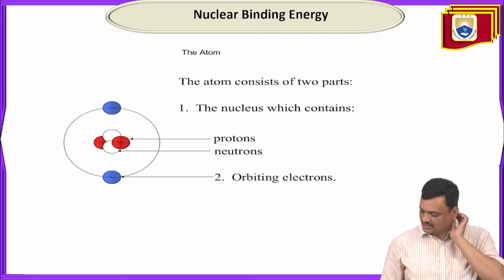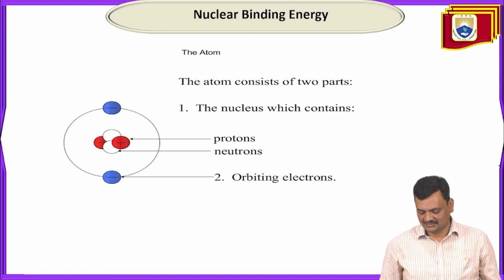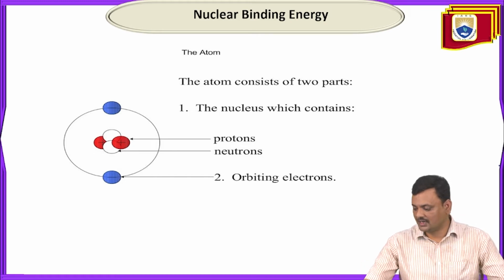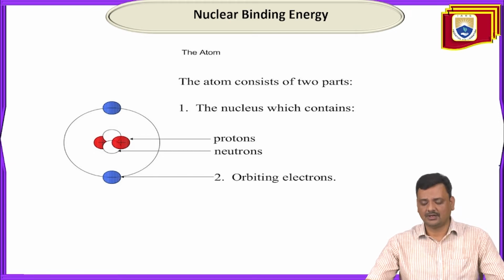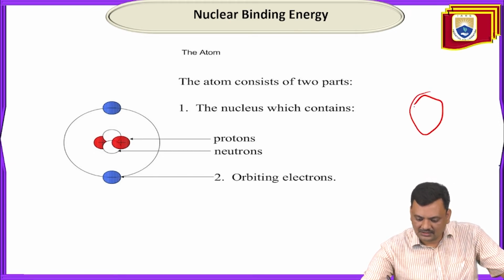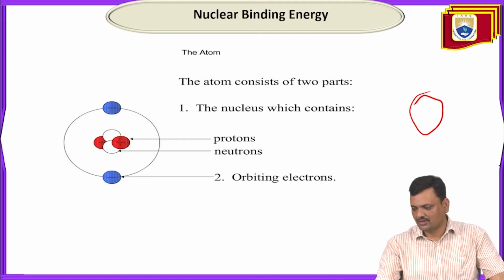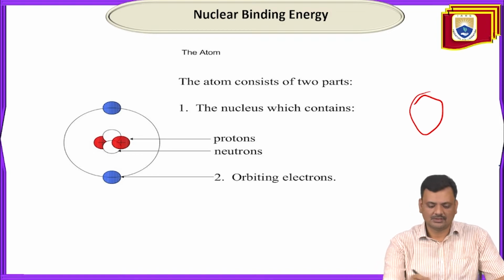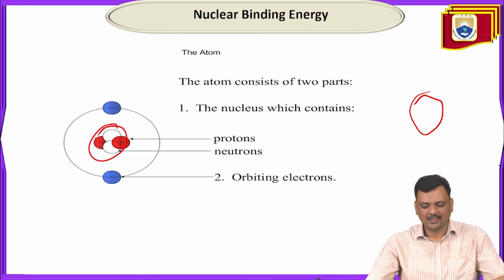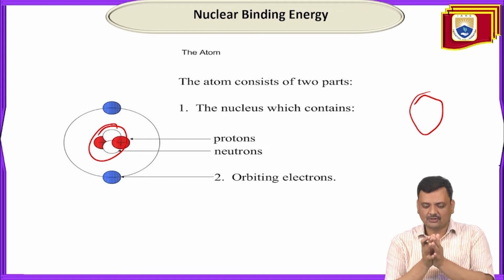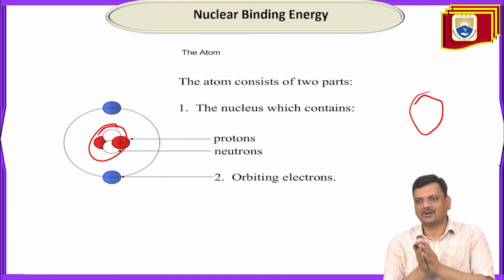Now I am going to tell what nuclear binding energy is. The name itself suggests that something binds the nucleus. Nucleus means the central part of the atom. So it is the energy involved in binding the nucleons.